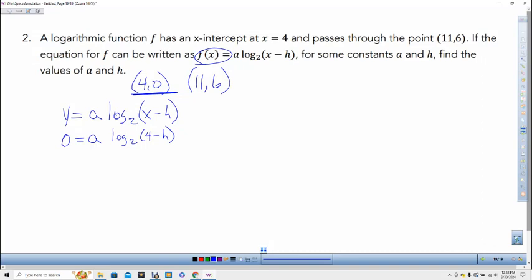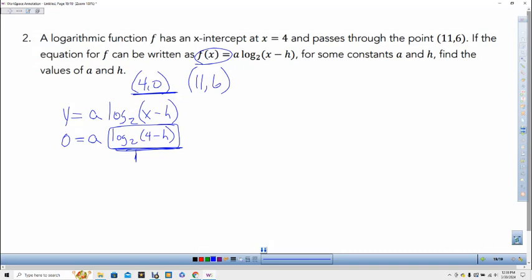All right, so what do we know? Well, we know that if we take a log, the only way that log is going to be equal to 0 is if this is 1. Sorry, had a brain fart there.